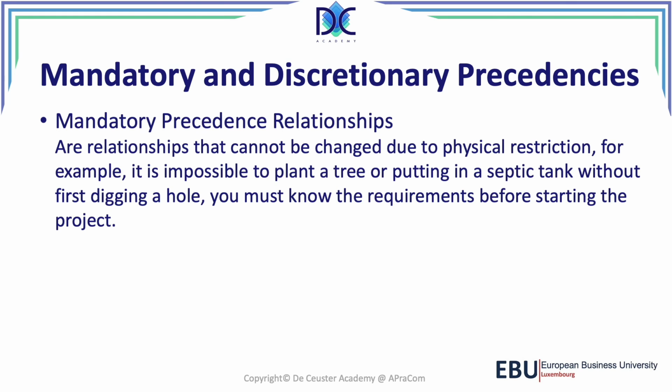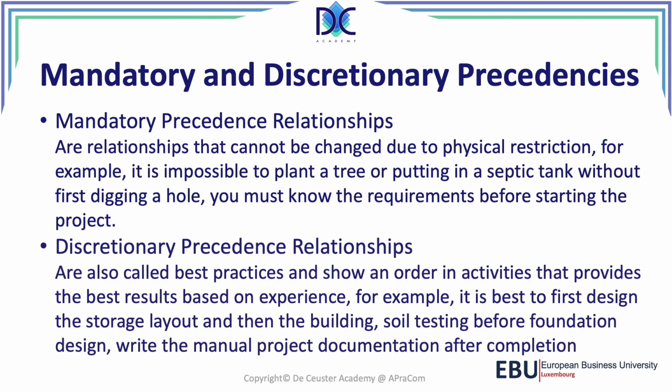We cannot change the precedence of these activities. We also have to look at discretionary precedence relationships. We call them best practices, and they describe a certain order in executing the work. If we are not using the best practices, the efficiency of the work may not be as good as we expect.